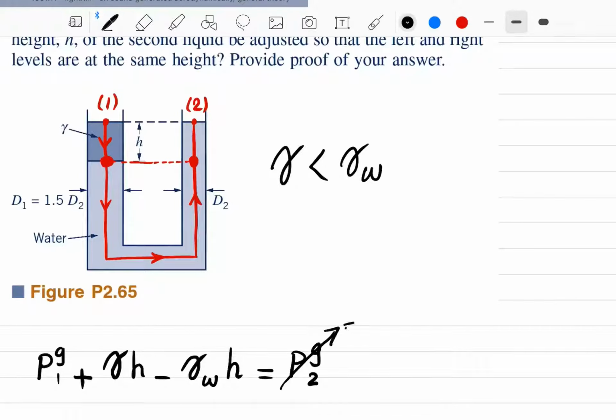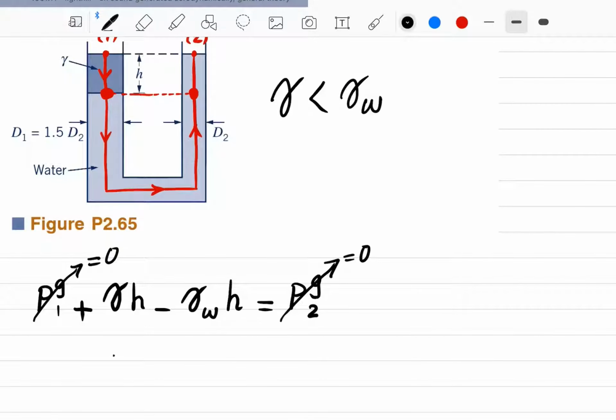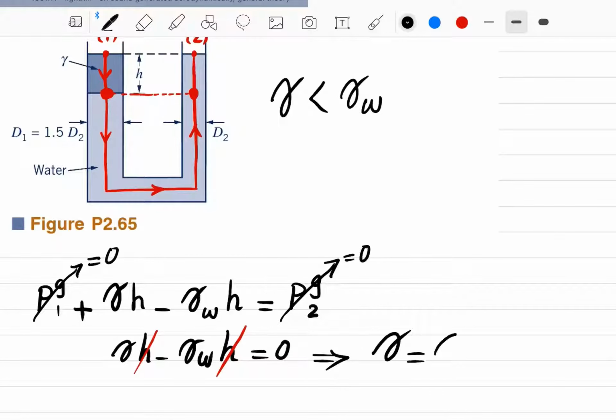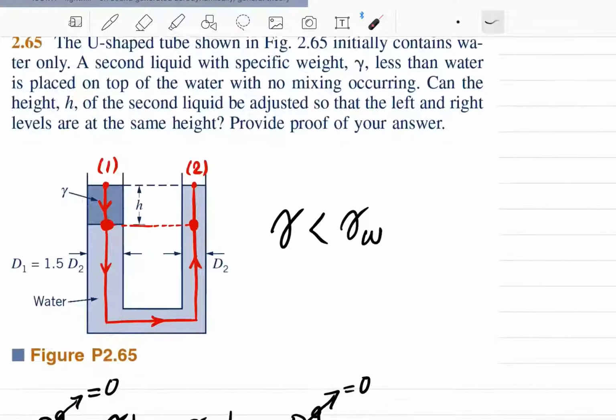Since these 2 points are open to atmosphere, the gauge pressure at both points is 0. So it would be gamma h minus gamma of water times h is equal to 0, and these two h's cancel each other out. So this yields that gamma must be equal to gamma of water, which is not what we had assumed. So this is not possible.